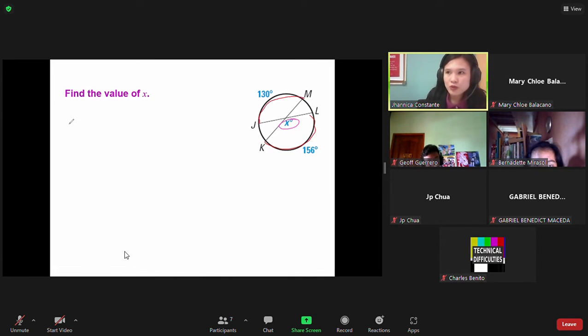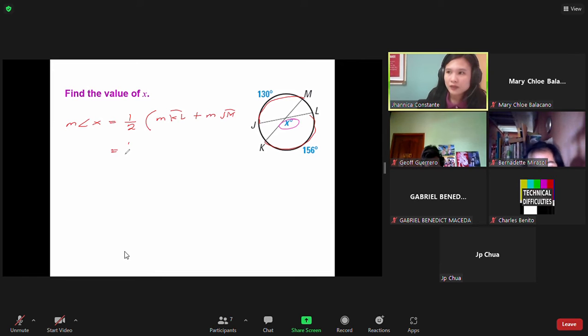So the measurement of angle X is equal to 1/2 the sum of the measurement of arc KL plus the measurement of arc JM.